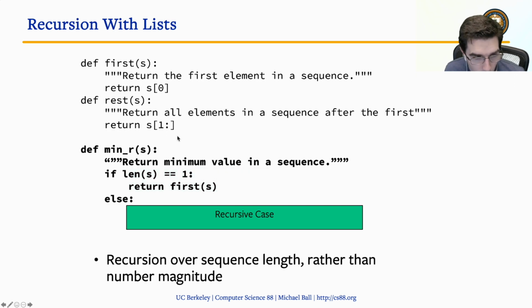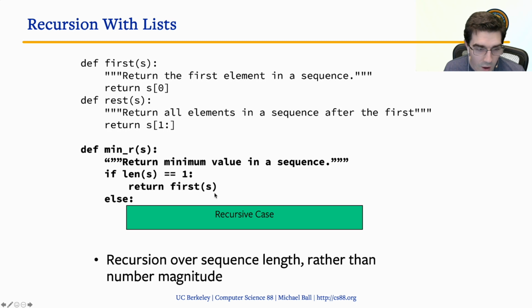One of the things to think about is when we're working with a list, if we want to find something like the minimum element, we can separate out our base case for lists and strings. With numbers, it will often be something like n is equal to 0. With a list, it's often when we only have one or no elements in our list, depending on the particular problem.